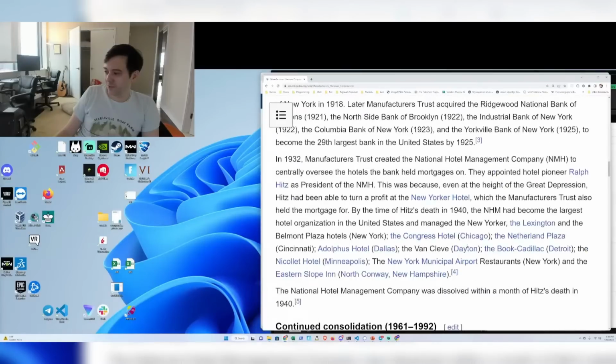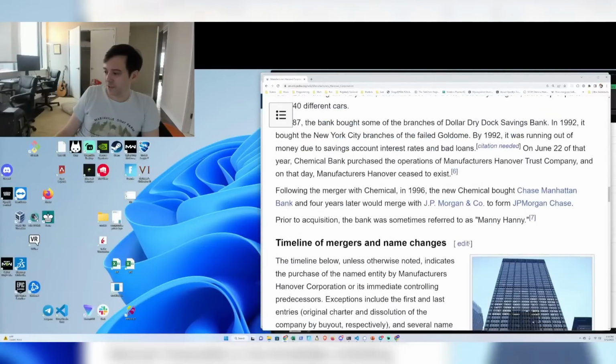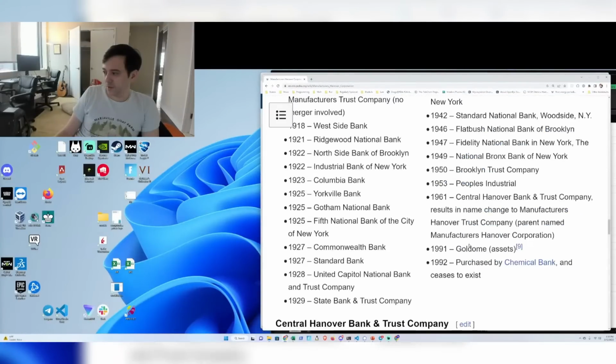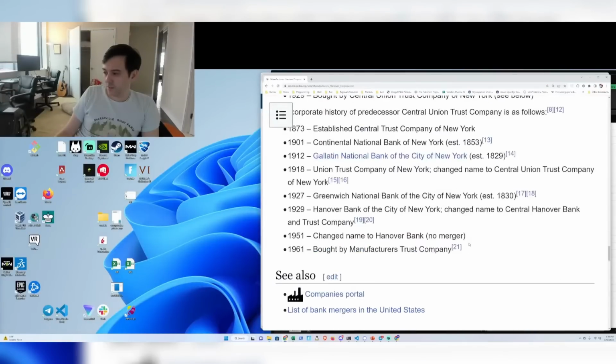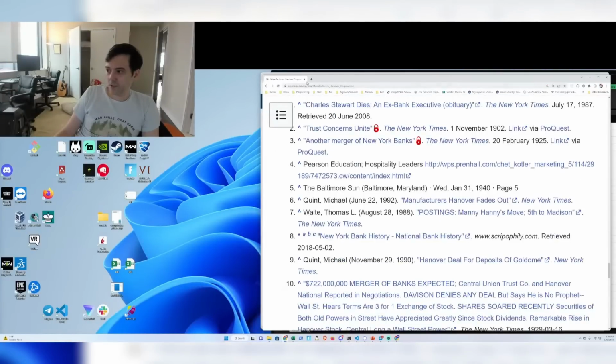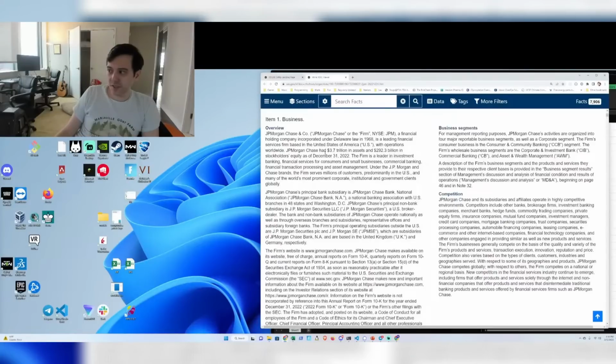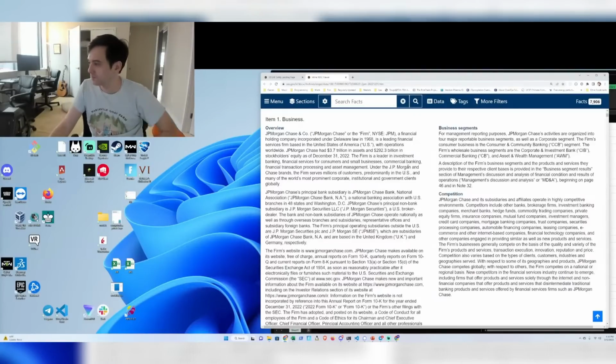If you really want to learn a lot about banking, I think Balaji tweeted out a chart of all the mergers that created JP Morgan. JP Morgan also has roots with Morgan Stanley. They're very different companies, but they both started out a long time ago. So the history of banking is actually quite interesting, but let's get to the gist of this.